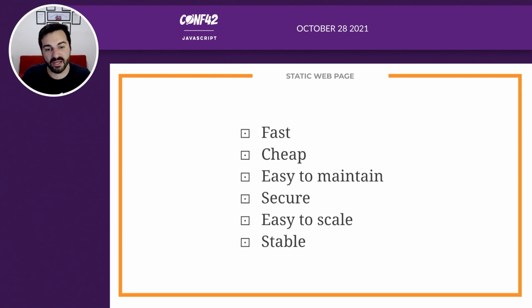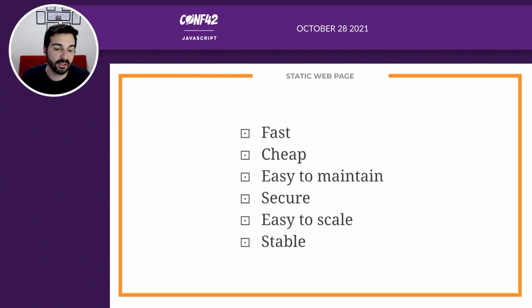Static web pages are easier to maintain because, as with any other file system, we can move files from one side to the other. They are more secure because we are not executing code on the fly, so we don't have to worry about securing any kind of code execution. They are easy to scale because by adding more storage space to our web servers, we will be able to scale the static websites that we are working on.